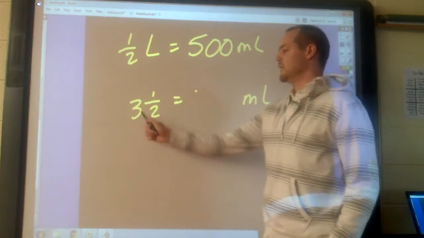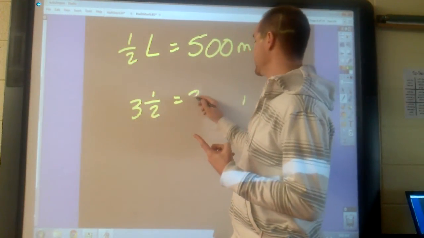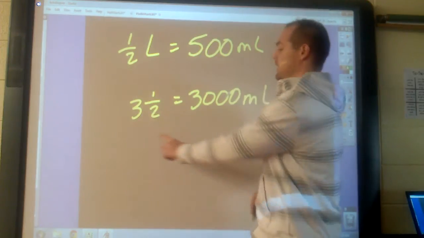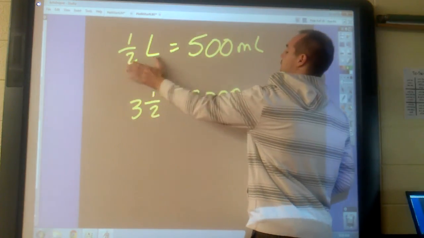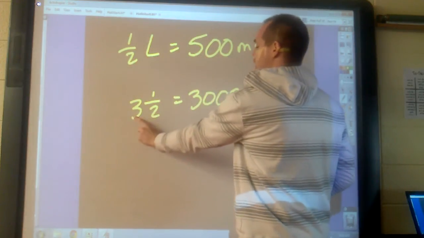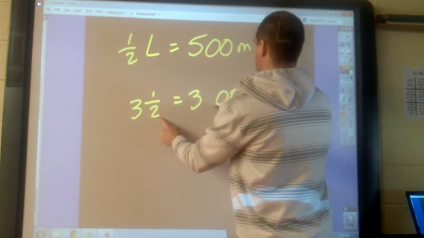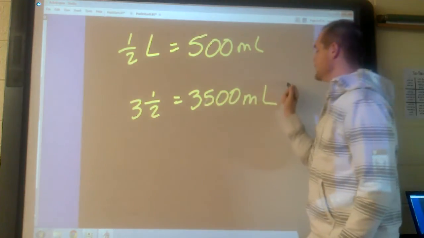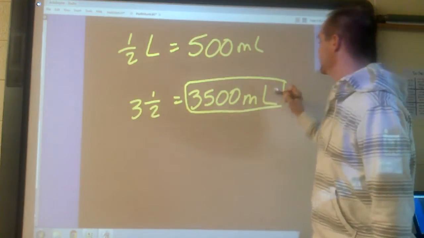Well, I know that there are 1,000 milliliters in 1 liter, so there should be 3,000 in 3. They also told us that in 1/2 of a liter, there are 500 milliliters, so I have 3,500 milliliters. And this is your answer for example number 4.